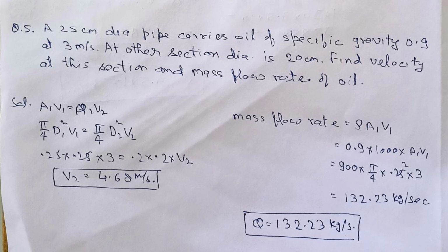So 0.9 into 1000, that is 900 kilogram per meter cube will be the density of this liquid. So put 900 in place of rho into A1, that is pi by 4 into 0.25 square into V1, that is 3 meter per second. So in this way we can calculate the mass flow rate as 132.23 kilogram per second.